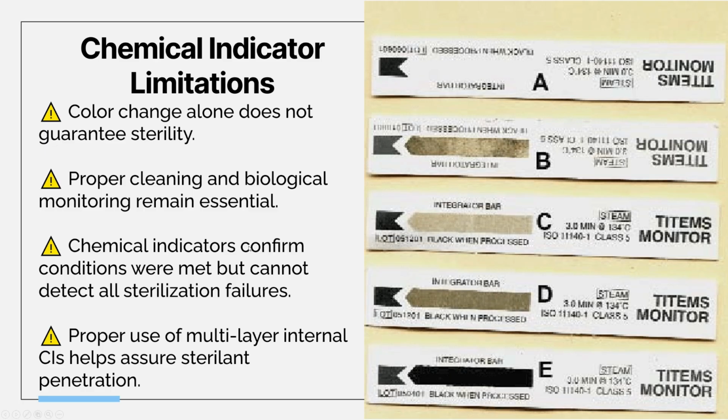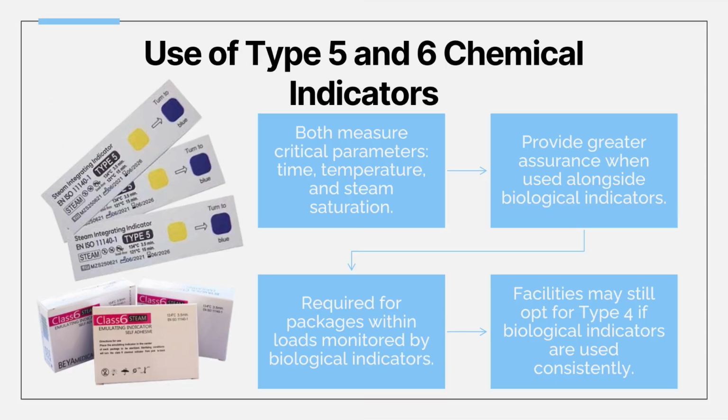Even if an indicator changes color, the item might still not be sterile due to incomplete cleaning, improper loading, or sterilizer malfunction. So you should never use chemical indicators as a substitution for proper pre-cleaning, decontamination, cleaning, or biological indicator testing.